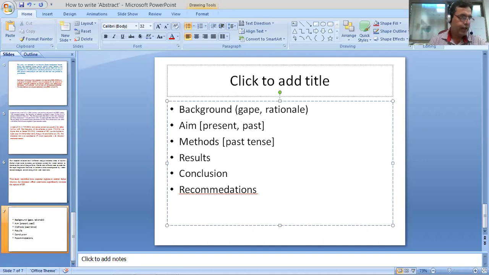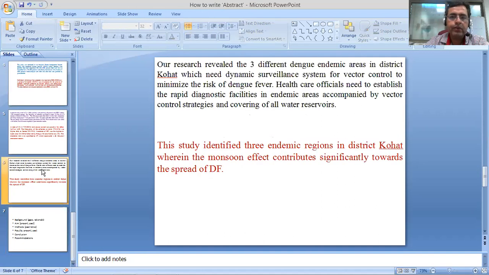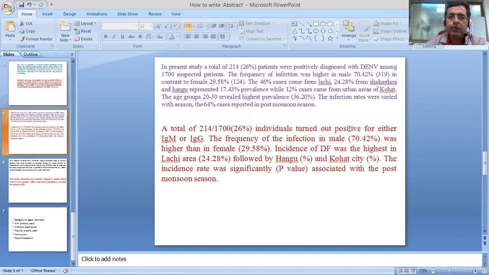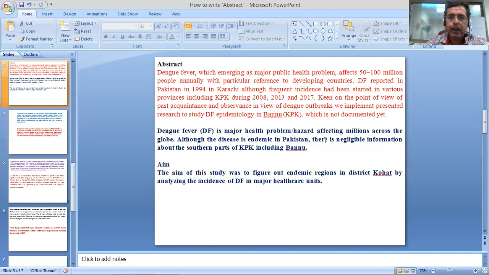Okay, and if you are stating the results, you can use present tense or past tense. Both present and past tense can be used for this particular part of the study. And you can just practice with different aspects, and you would come to know how you can write a perfect abstract.